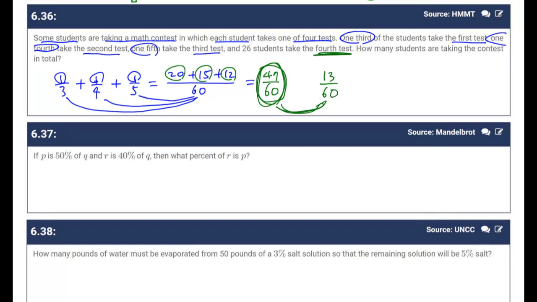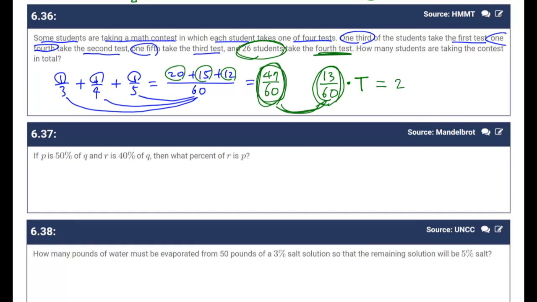Now, 13 out of 60 students took the fourth test. So if I make the total number of students T, 13 over 60 of the total number of students should give you, hey, they gave you right here, 26 students took the fourth test, right?